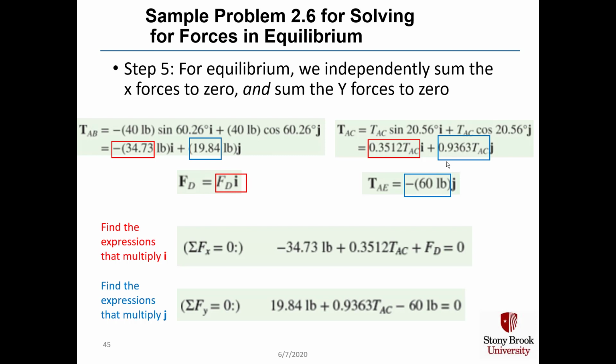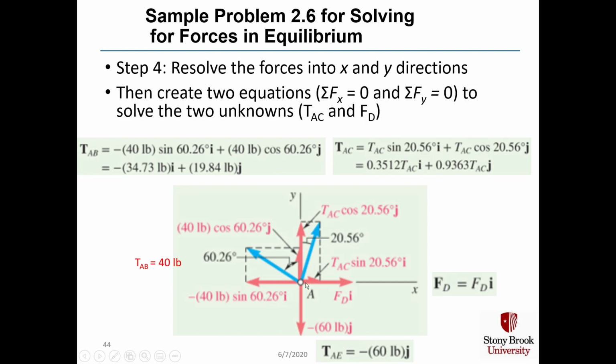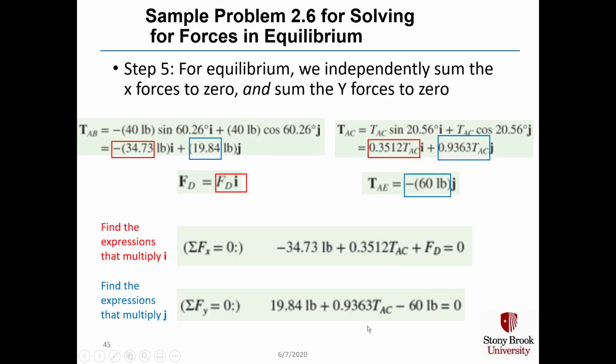T sub AE is minus 60 pounds times j because it's acting straight down here. And all we do is take these terms that I've highlighted for you in the red box and the blue box and set them equal to 0. So when we sum the x forces equal to 0, we find all the expressions that multiply i.